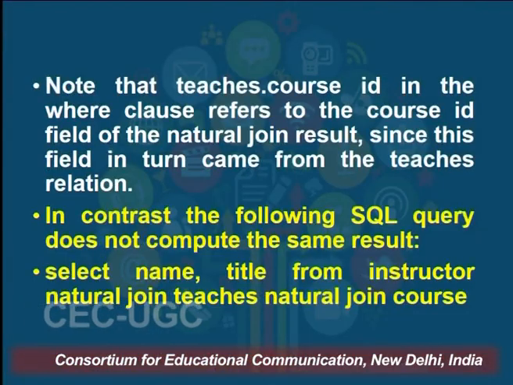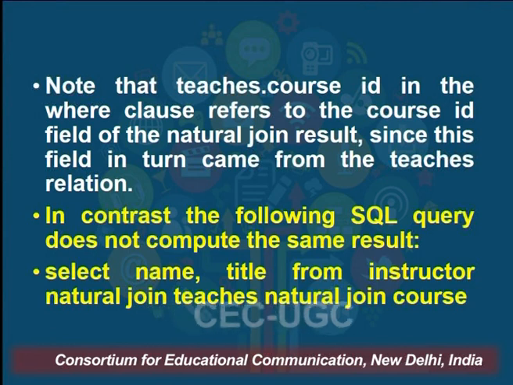Now for example, if we think about an alternate way of computing that particular result using a different SQL query, like select name comma title from instructor natural join teaches natural join course. Now what will happen?